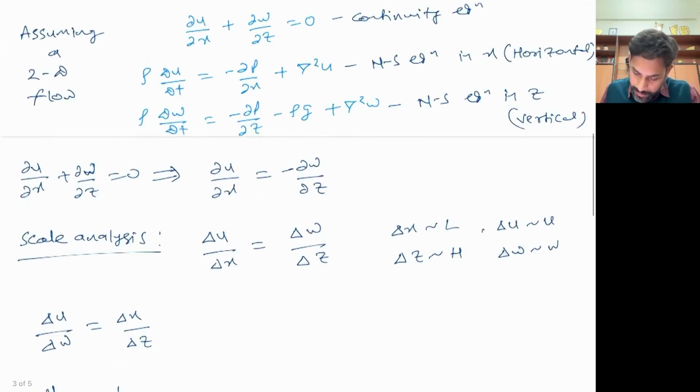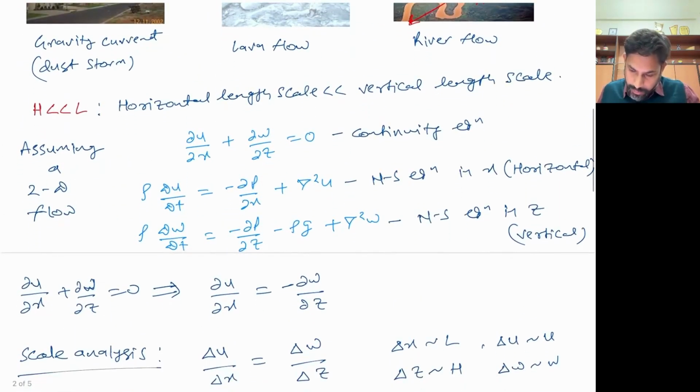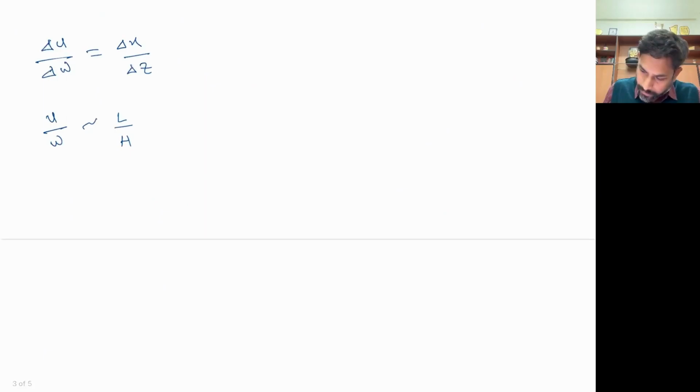But from the previous analysis which we saw here, h is much smaller than L. So we will use that analysis that we did before. L by h is much greater than 1. That means your u by w is also much greater than 1.